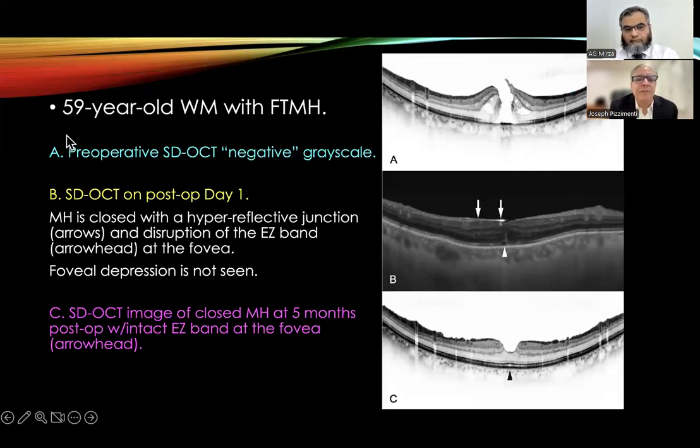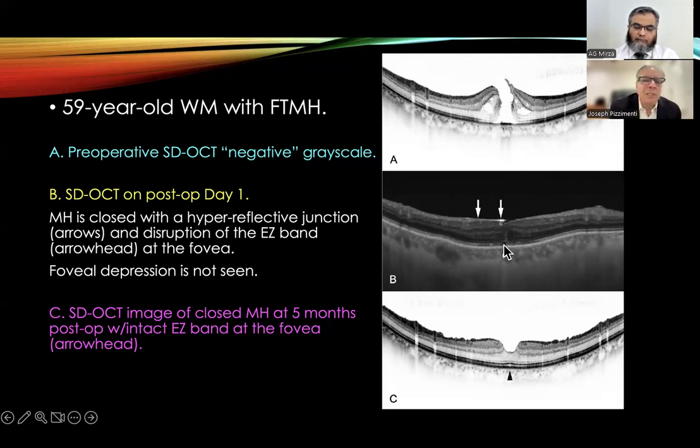And so here we have a 59-year-old white female with a full thickness macular hole. You could see that we've reversed the contrast on our OCT. Sometimes it helps to see the little break a little bit more easily on our negative OCT. And then here we have spectral domain OCT done on a postoperative patient on day 1, and we could see a little bit of hyperreflectivity at the vitreoretinal interface. And if we were to look at this ellipsoid zone band, we could see a little bit of disruption of that band.